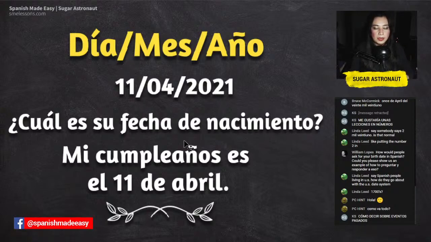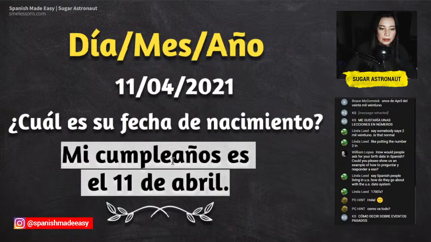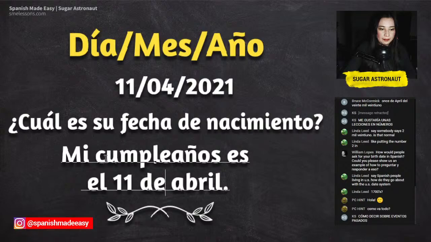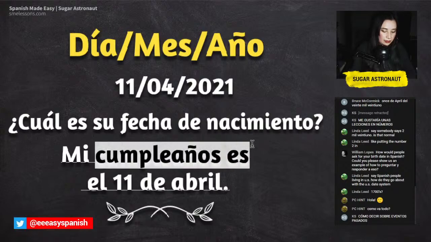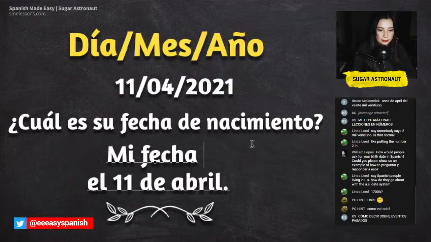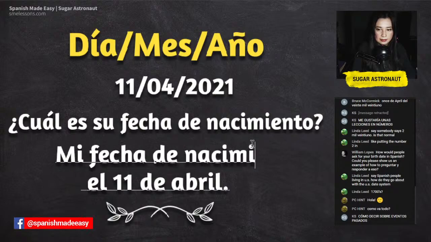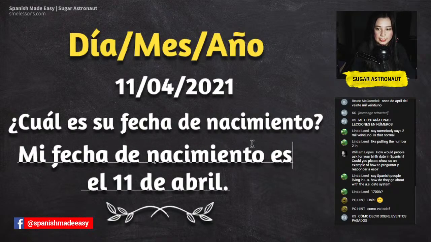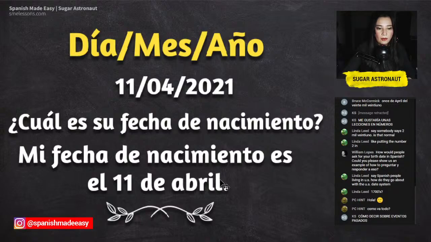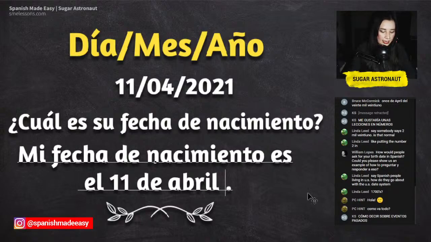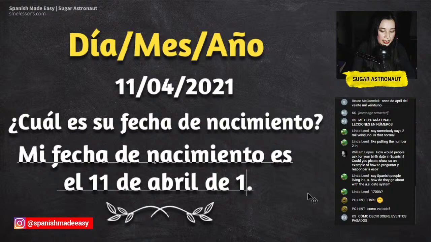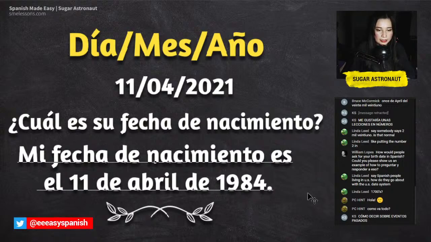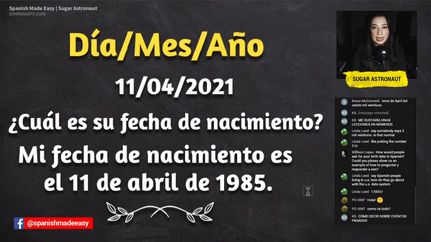So if someone is asking you, ¿cuál es su fecha de nacimiento? You can say, mi fecha de nacimiento es, okay, el 11 de abril de 1985, okay? So that is the answer.